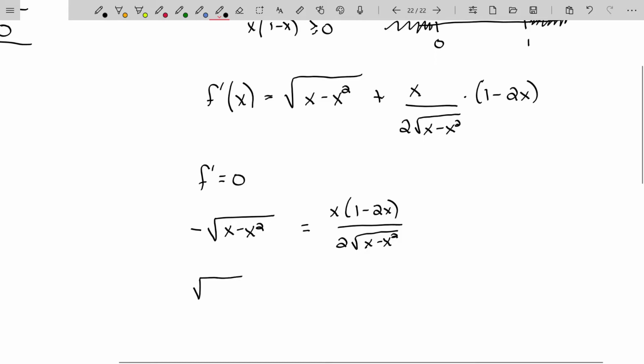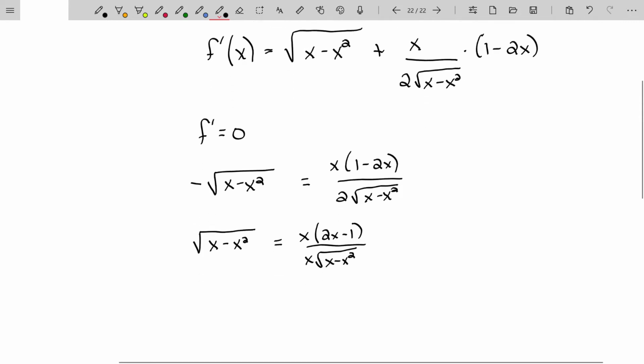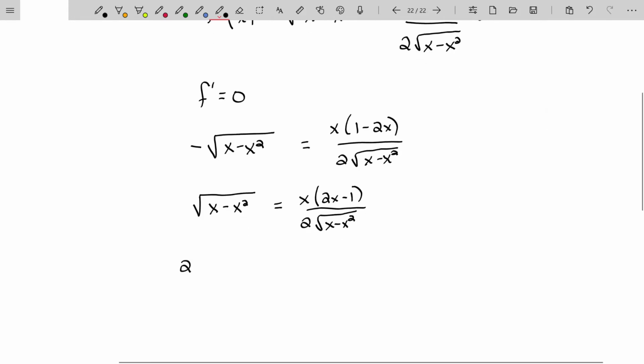It's root x minus x squared is equal to x times 2x minus 1 over 2 root x minus x squared. Oh, by the way, I didn't mean to write that x down there. Sorry about that. It was supposed to be a 2. Multiply both sides by 2 root x minus x squared, and you get 2 times the quantity x minus x squared is equal to 2x squared minus x. You get the whole idea, right?